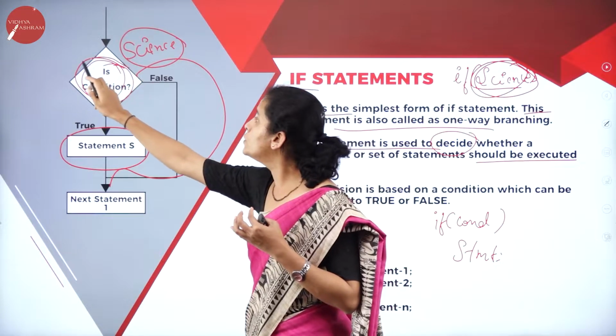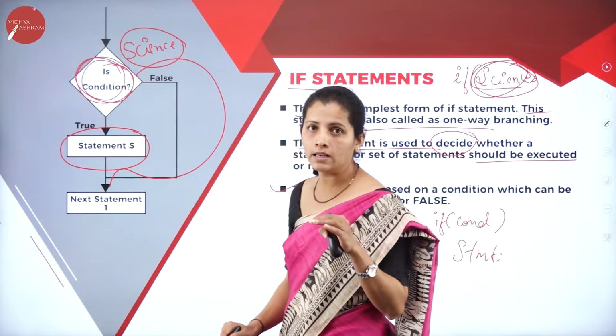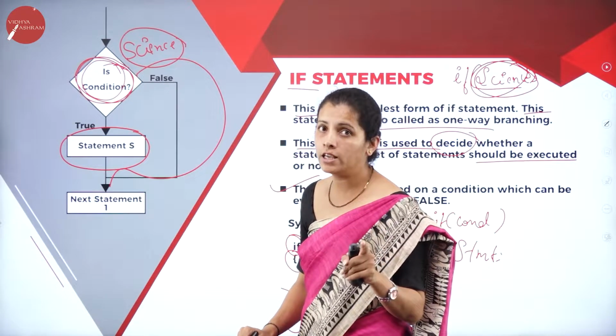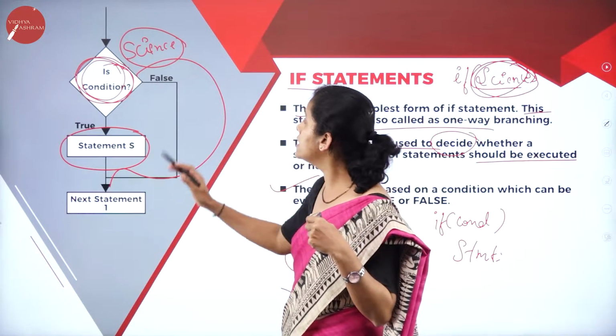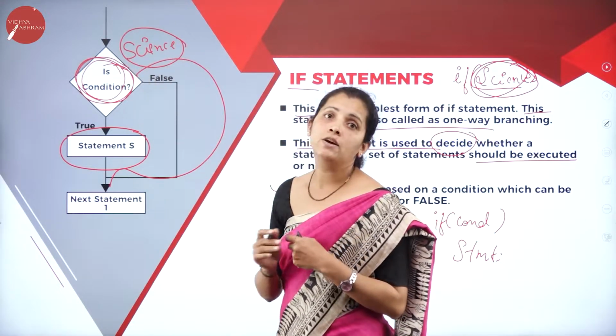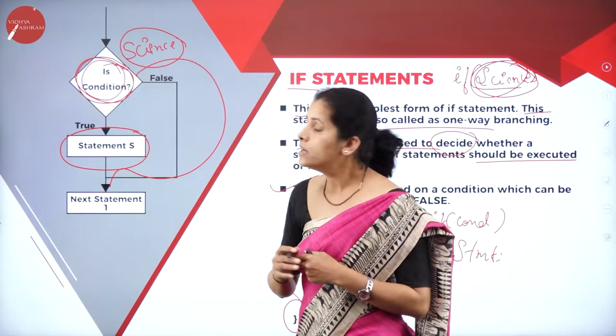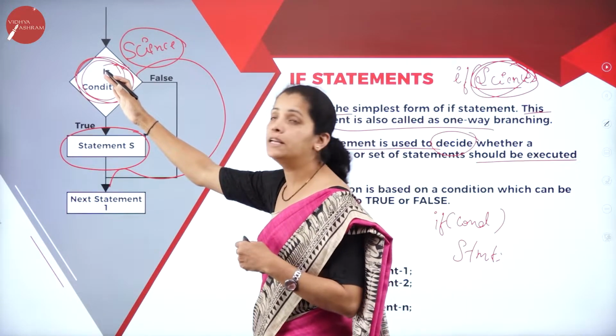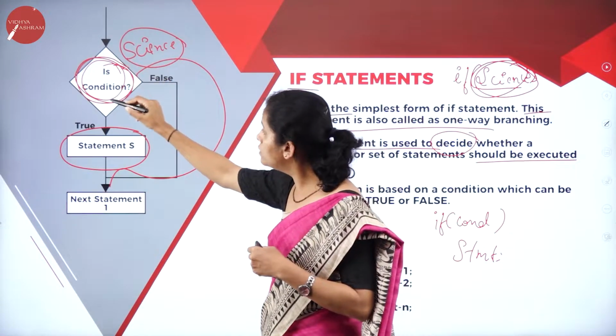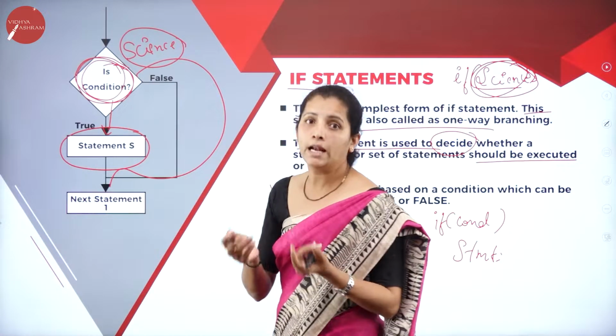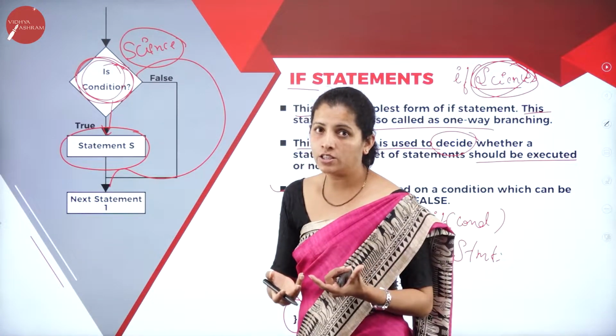Now here I'm going to have the option that I reached one college. Now I'm going to check, is there any availability of science? If there is any availability of science, I'm going to admit that college.